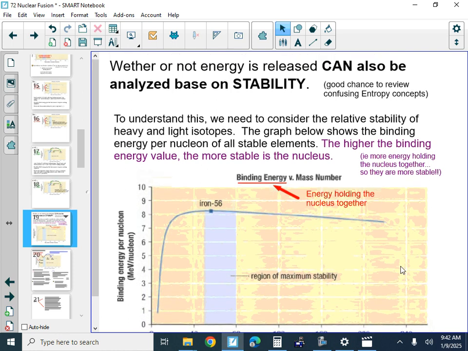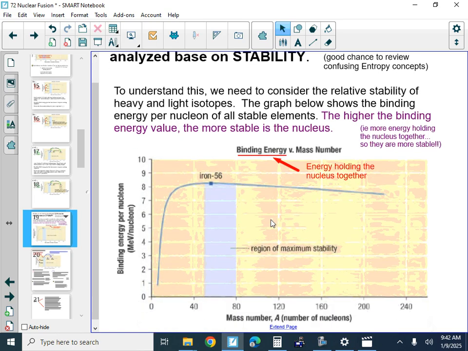Yeah, so the higher the binding energy value, I'll probably gloss through this a little bit. It goes back to the entropy concepts. But when you have a high binding energy, that's a more stable situation. And so things tend towards that, if you will.